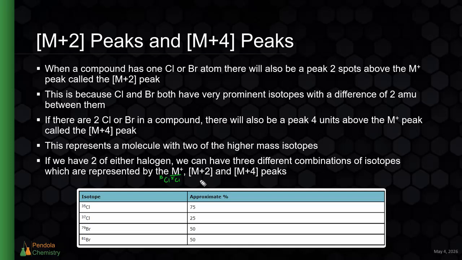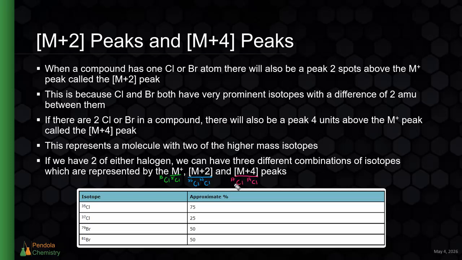If the molecule had 1 chlorine be chlorine 35, but the other one be chlorine 37, then there will be a peak 2 up from the original n+ peak, meaning that will be n+2. That's where the n+2 peak comes from: one where we have a 37 chlorine and a 35 chlorine. And then if we have a molecule where both of the chlorines are chlorine 37, that will constitute the n+4 peak.